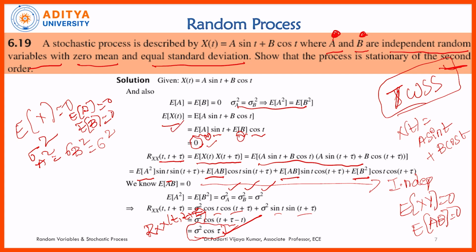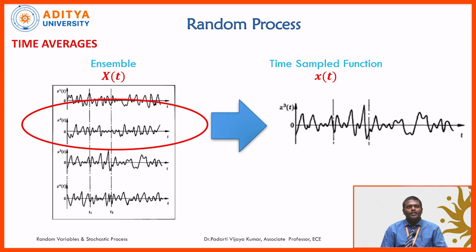Both conditions are satisfied, so we call it a second order stationary random process. Simply by computing the mean value and autocorrelation function, we can conclude whether the random process is first order or second order. Before going to the ergodic random process definition, we need to see some basics.